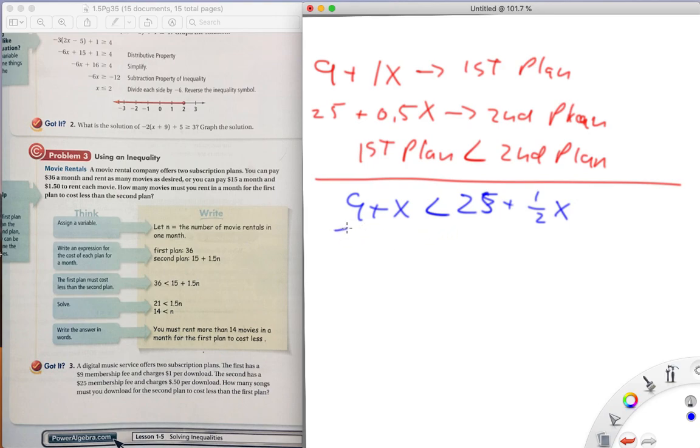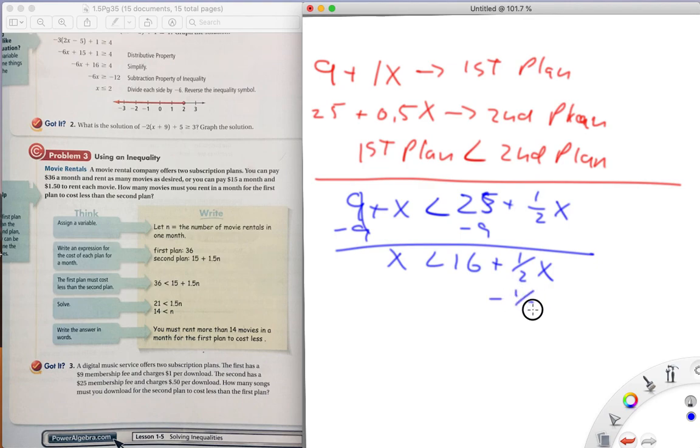Subtract 9 from both sides. x is less than 16 plus 1 half x. Subtract 1 half x from both sides. Half x, that goes bye-bye.